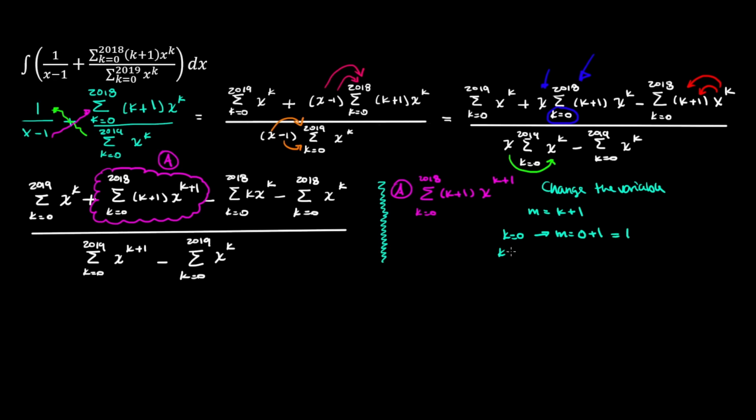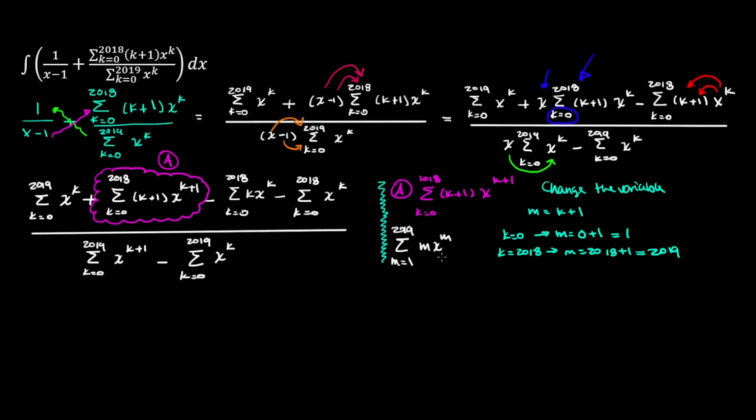And when k equals 2018, m would be 2018 plus 1, so there'll be 2019. So changing the variable, we're getting a new expression: summation from m equals 1 to 2019 of m x to the m, right?